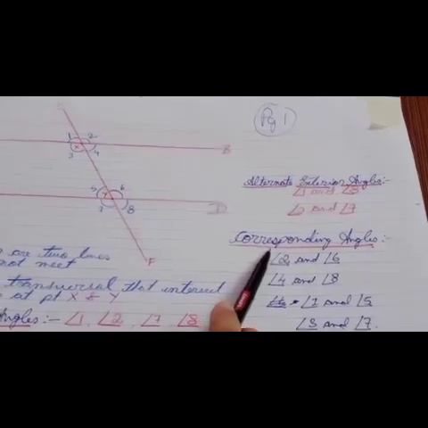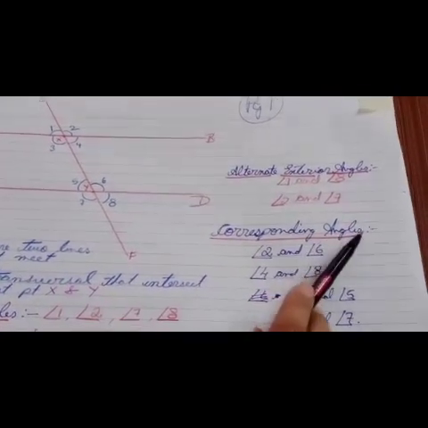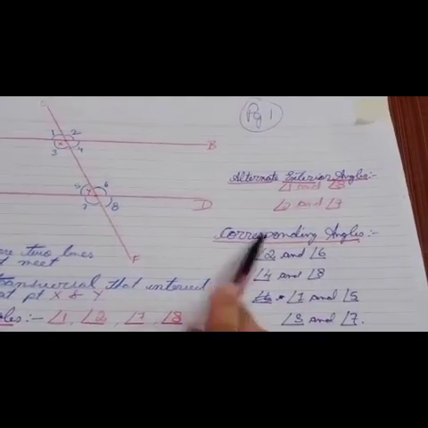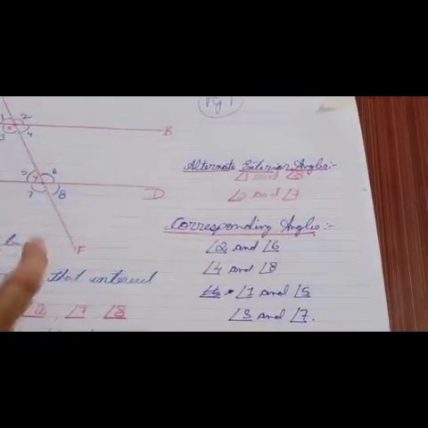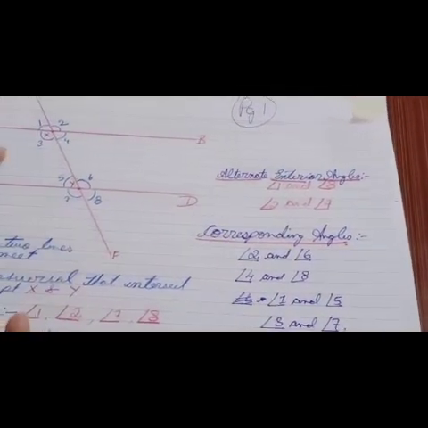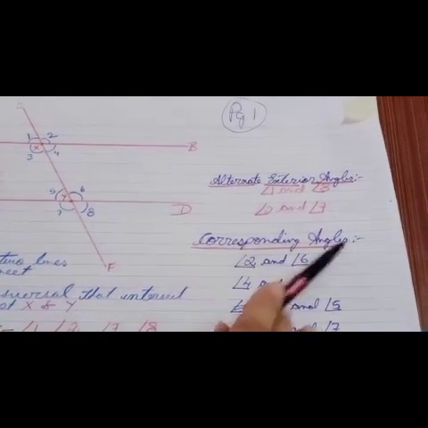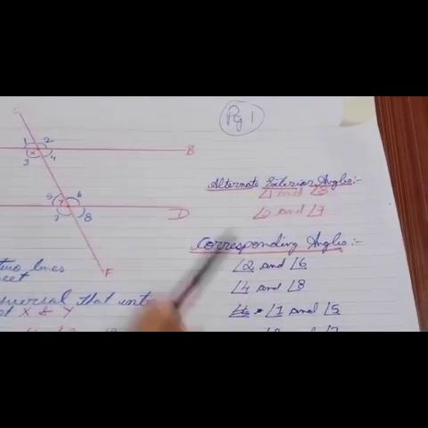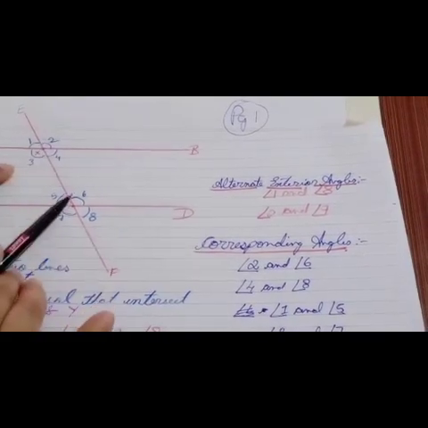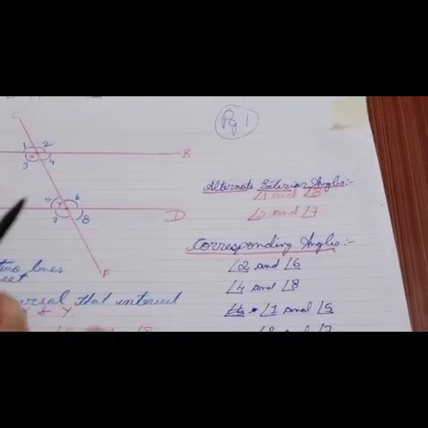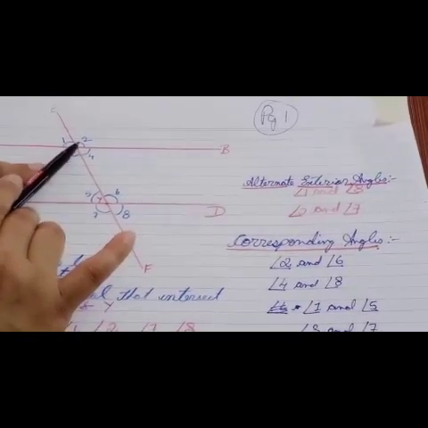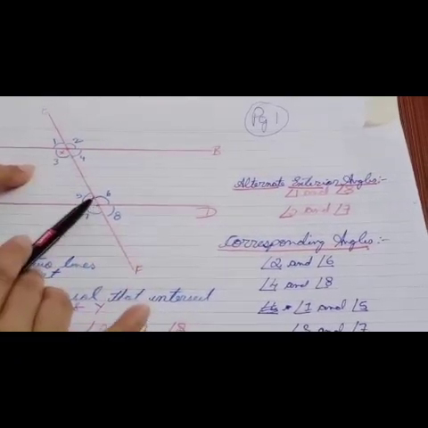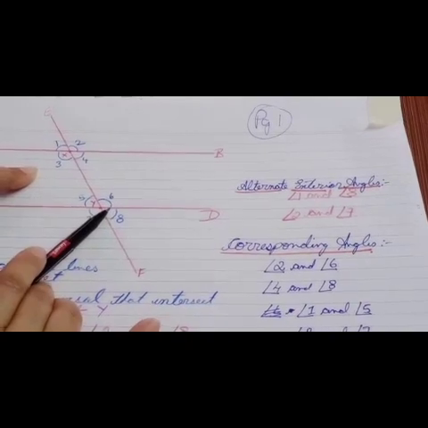Next we come to the corresponding angles. So what are corresponding angles? These are angles which are formed on the same side of the transversal. One will be exterior and one will be interior. Now let me explain here with the diagram. Angle 2 is equal to angle 6. Why?